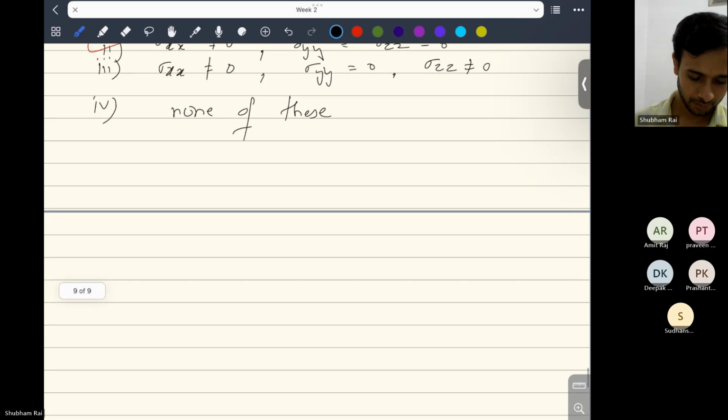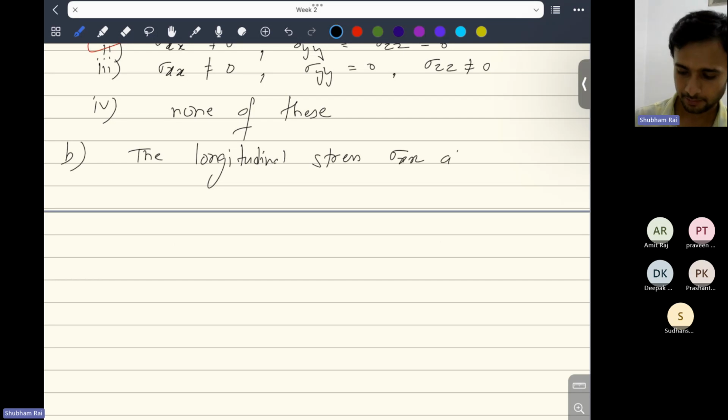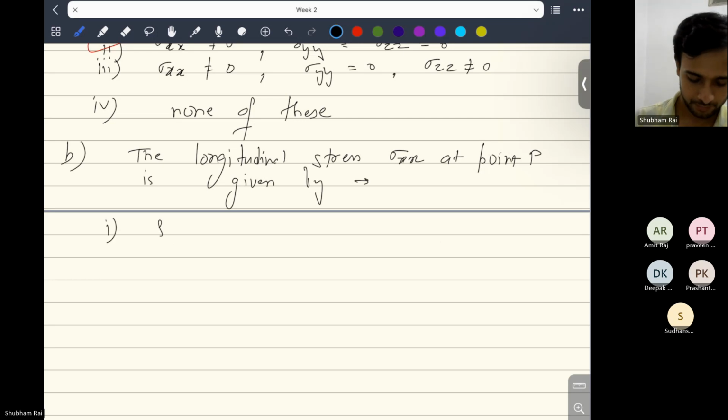So now part B, the longitudinal stress sigma xx at point P is given by, we have to tell about the longitudinal stress at point P, that is given by rho GL by 3 or minus rho GL by 3 or 2 rho GL by 3.